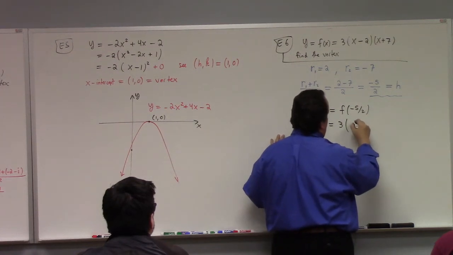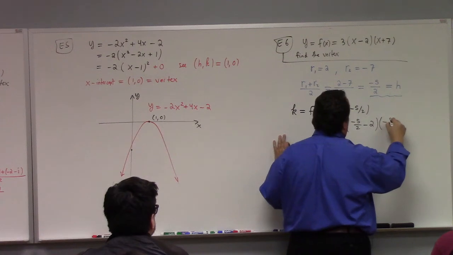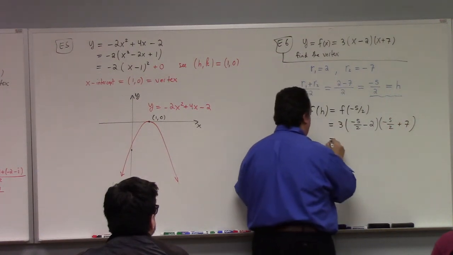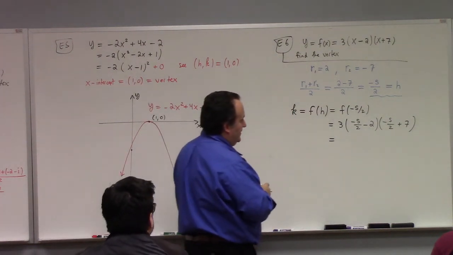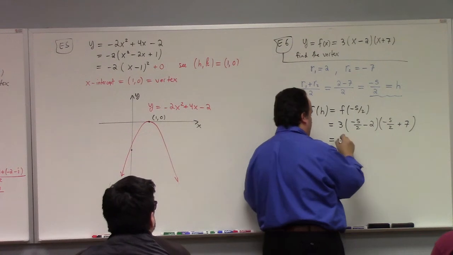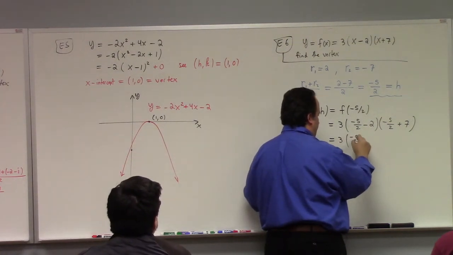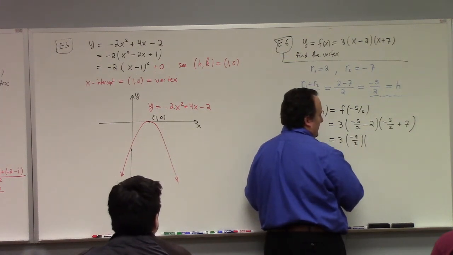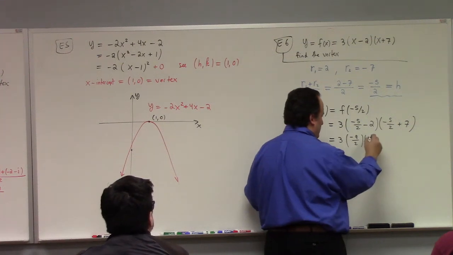3 times (minus 5/2 minus 2) times (minus 5/2 plus 7), right? Whatever that is. Let's see here, 3 times minus 9 over 2, 14, is that 9 over 2?